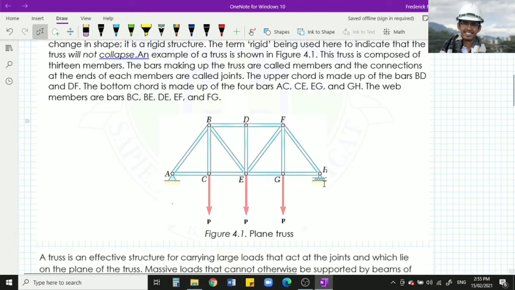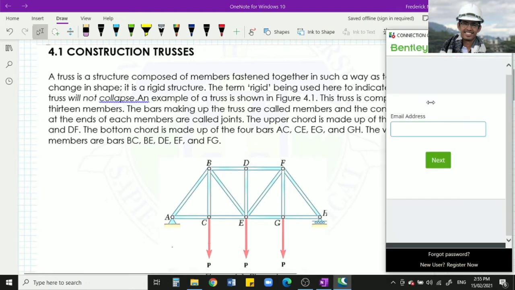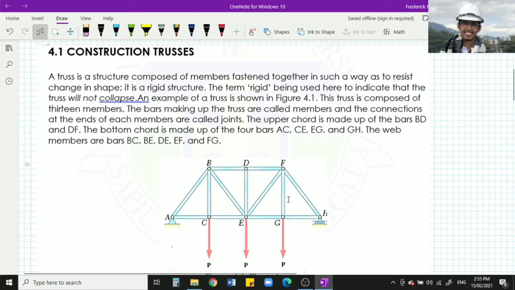So this is an example of our truss. Before that, trusses are commonly seen in roofs. So we have roof truss. And in bridges also. Some bridges here in our country are made up of truss, the so-called bridge trusses.